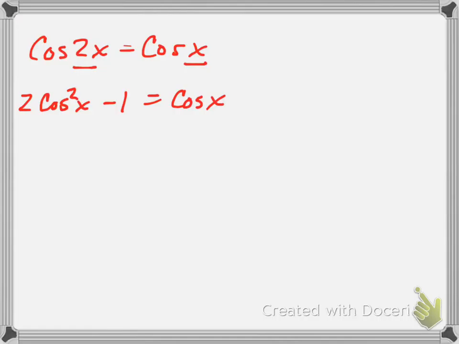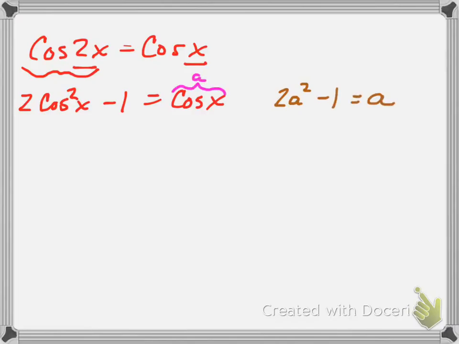Okay? Now, what we have here is a simple quadratic equation that you might not be able to see because of the scary trig functions. So what I'm going to do is get rid of the trig functions for a second, just like I kind of did at the end of the last example. I'm going to take out the cosines and put in an a.